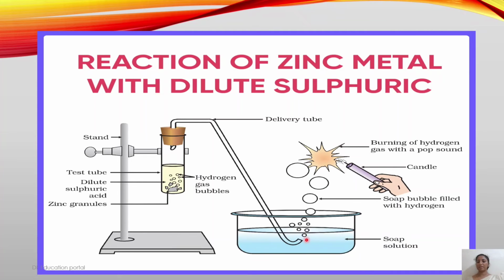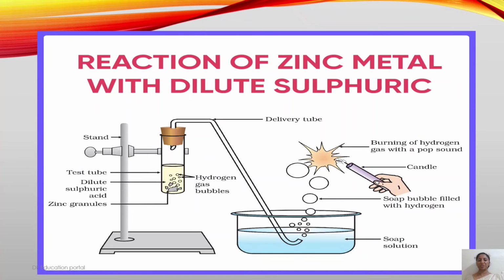When we bring a candle near, the hydrogen gas inside the soap bubbles burns with a pop sound. That's an indication of the evolution of hydrogen gas. So we have detected that the gas evolved during this reaction is hydrogen gas.